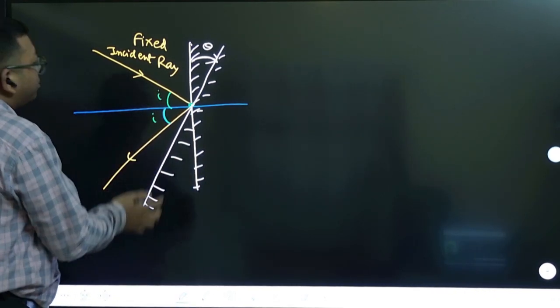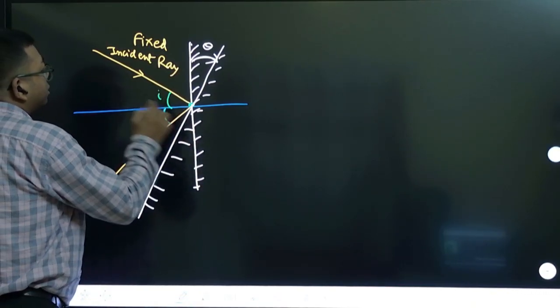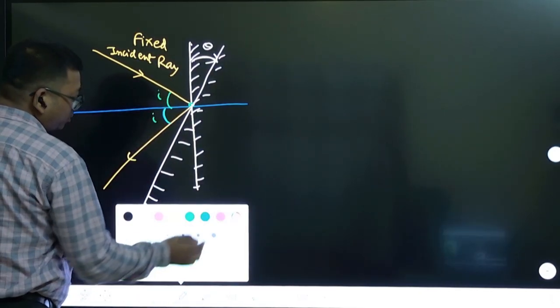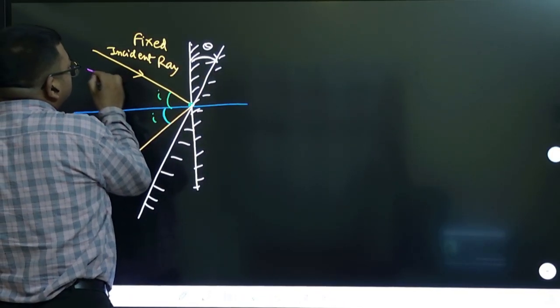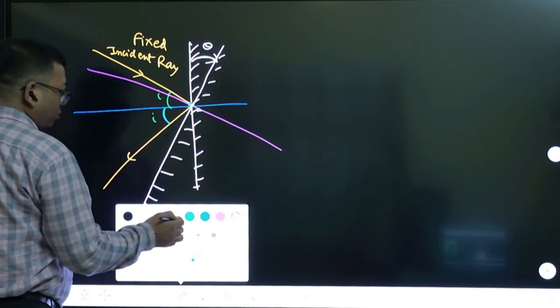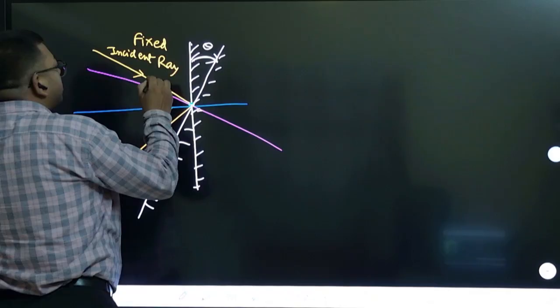But because you have rotated the mirror, the normal is also going to rotate. Now the normal will be perpendicular to this surface, so you have to draw it like this. This is the new normal.